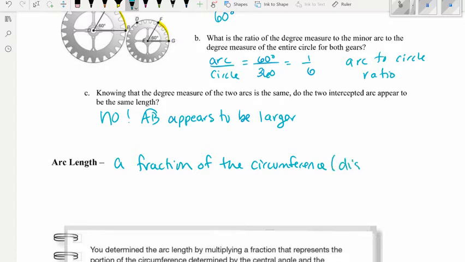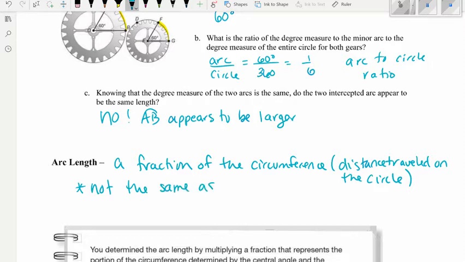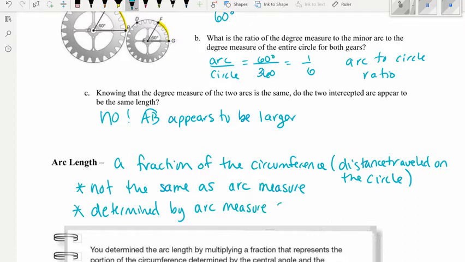So distance traveled on the circle is not the same as arc measure, and it's determined by arc measure and circumference.